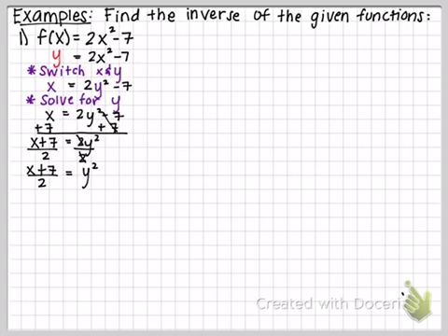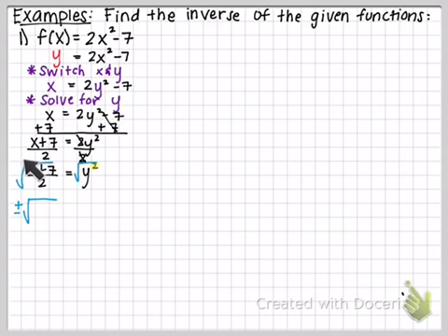Now, do you remember how to get rid of a squared? This is multiplying, 2 times y squared. So we divide. The opposite of square functions, to get rid of a square, is to take the square root of both sides. That cancels this side out. So the square root cancels out the square. So we're just left with y.